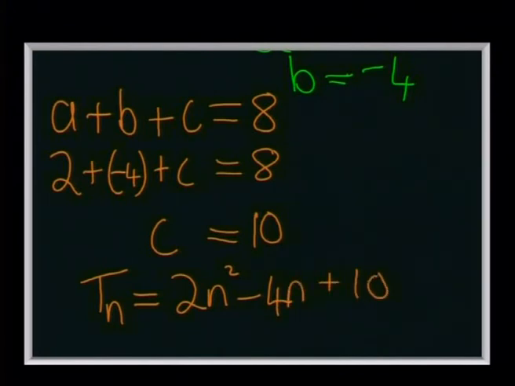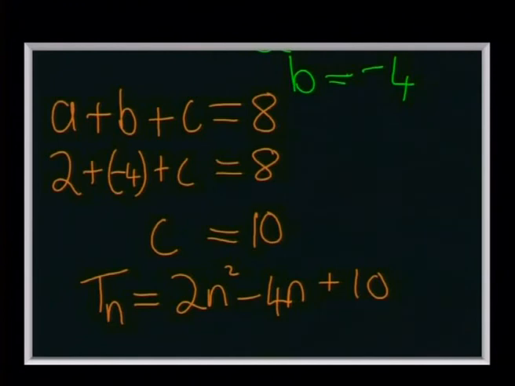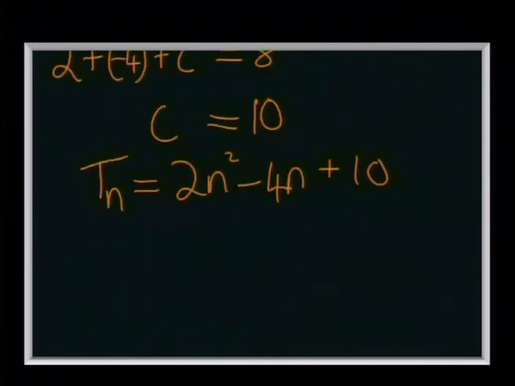That is my general term, and remember, I've said to you before, you'll be a fool if you don't check. So let's have a look. We know that in this number pattern the second term is 10. So let's see if I substitute 2 in the place of n for the second term, do I actually get 10? If I don't, I've got problems.